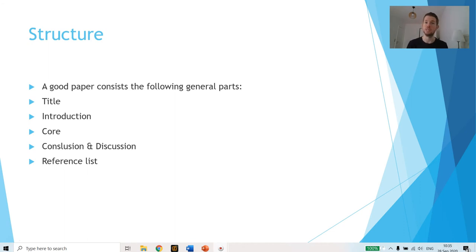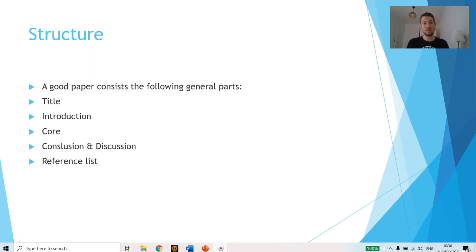For example, your teacher wants you to write in a certain way or go in depth on a certain theory or something like that. Then of course you need to adapt your structure to fulfill those requirements. So I'm just telling you the general structure that you can use for a paper, and hopefully it will give you a bit of insight on what kind of structures to use.